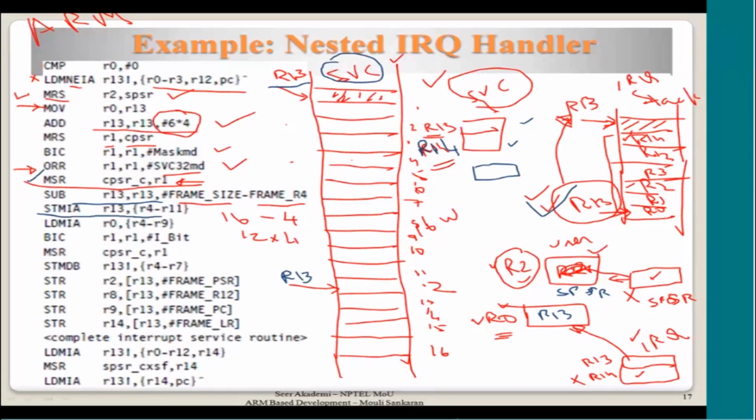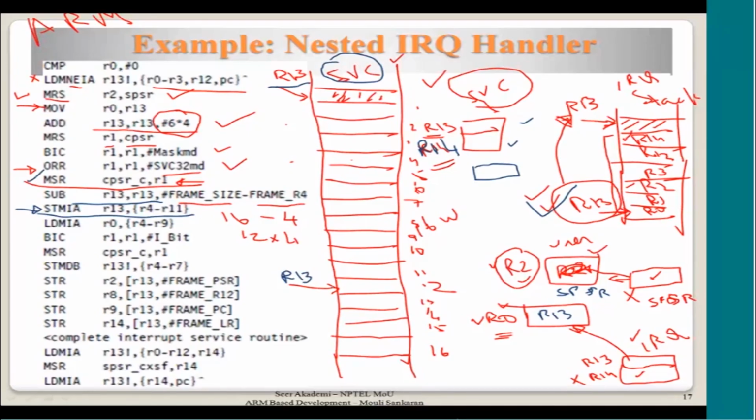Now what is all blue is the SVC mode, what we are going to do. Here we are storing from R4 to R11, wherever R13 is pointing. Now R13 is pointing here because we have subtracted 12 into 4.